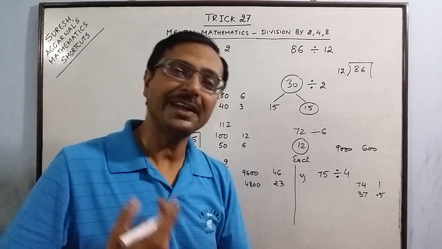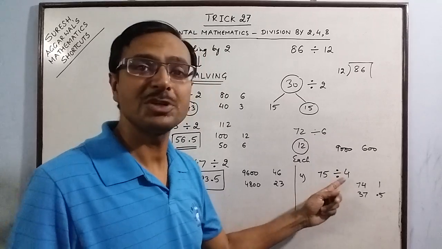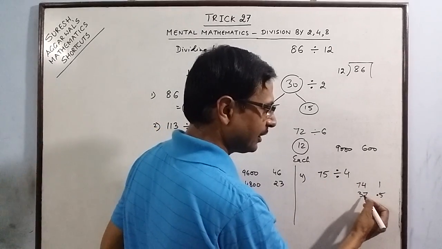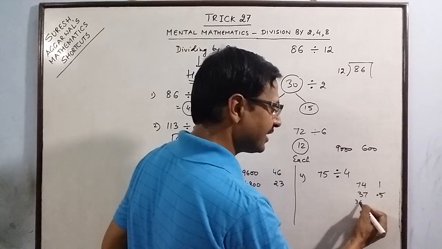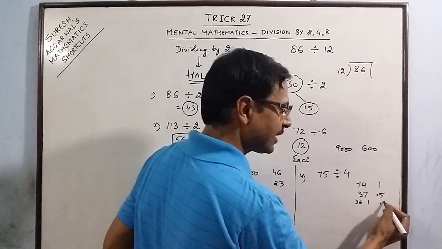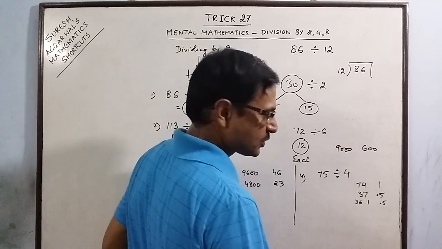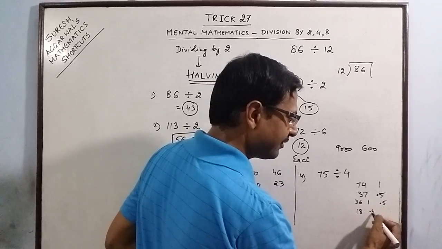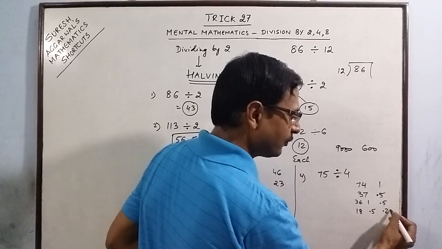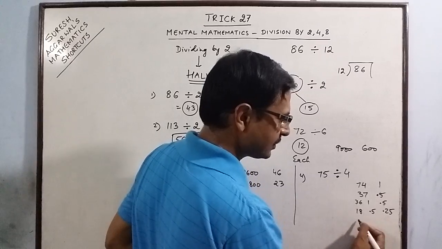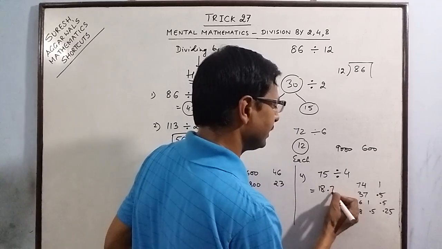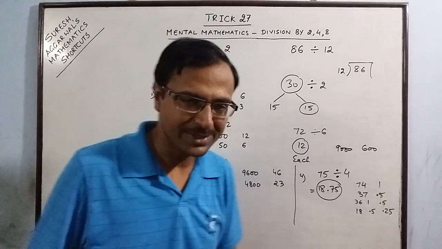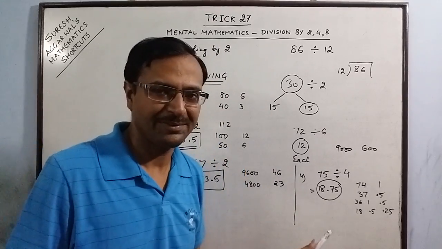Now half another time. Why? Because it is division by 4, not by 2. 38, you can split it as 36 and 1, and 0.5 is there already. So 18, 1 becomes 0.5 and 0.5 becomes 0.25. So 0.75. So 18.75 is the required answer. So 75 divided by 4 is 18.75.